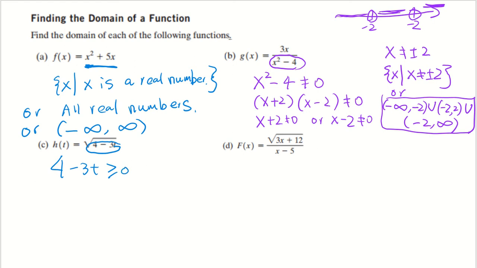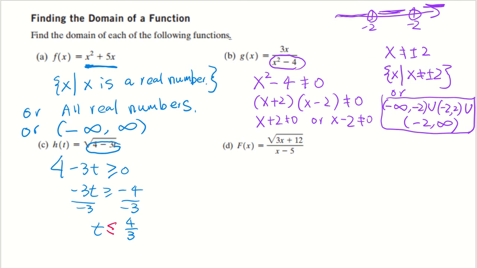Solve this inequality. You can move the 4 over. Divide both sides by negative 3. Since we're dividing by a negative number, the sign of inequality should switch to the other direction, and your answer should be t is less than or equal to 4 over 3.